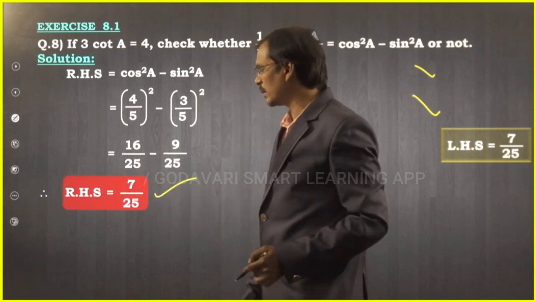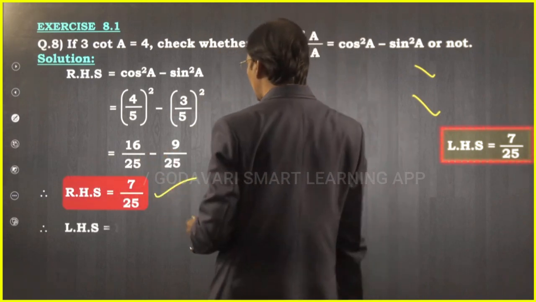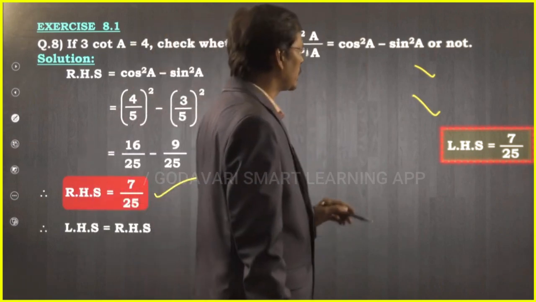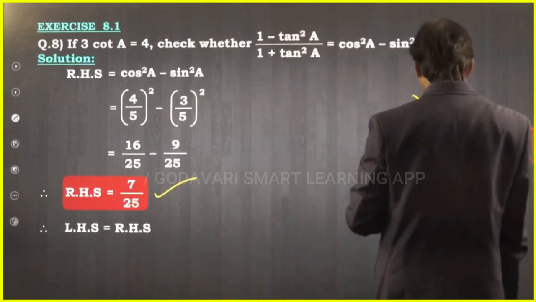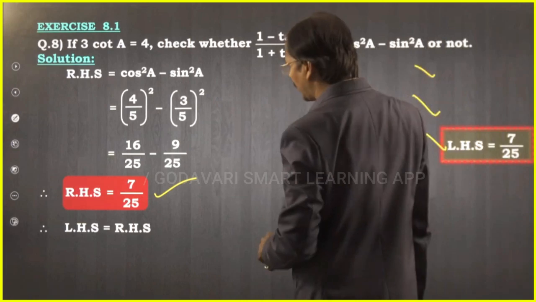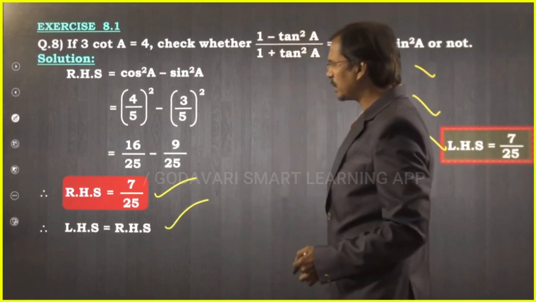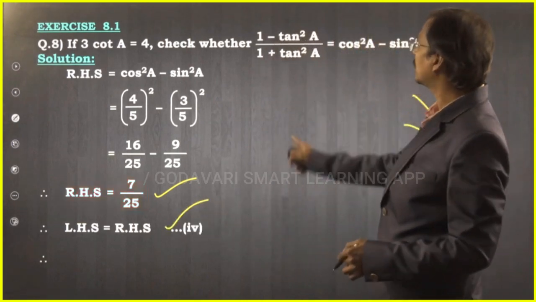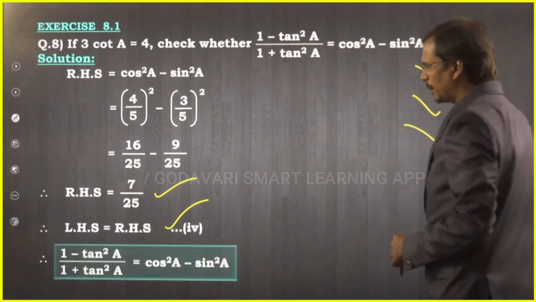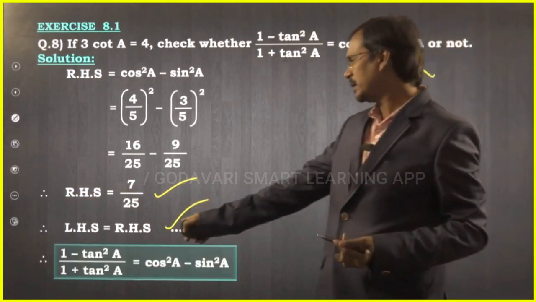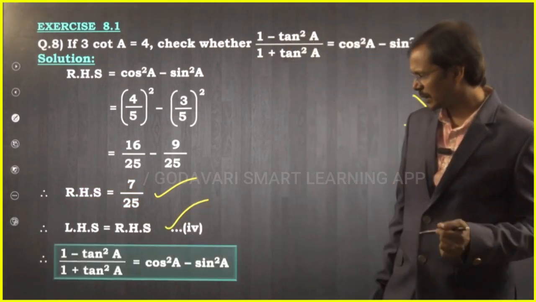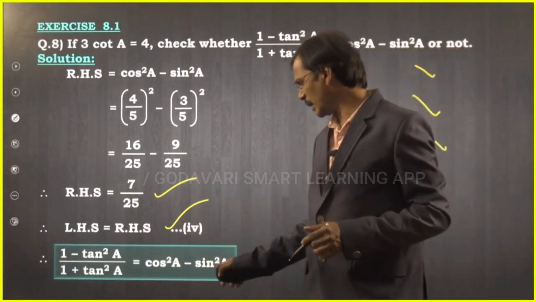Therefore RHS is equal to 7 by 25. Finally we got RHS is also 7 by 25. LHS is 7 by 25. Therefore LHS is equal to RHS. Therefore the given data is correct. So that's why 1 minus tan square A by 1 plus tan square A is equal to cos square A minus sin square A.